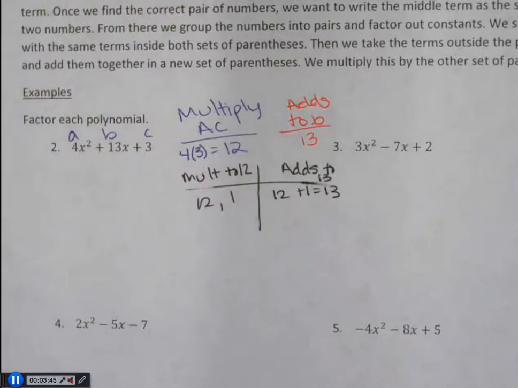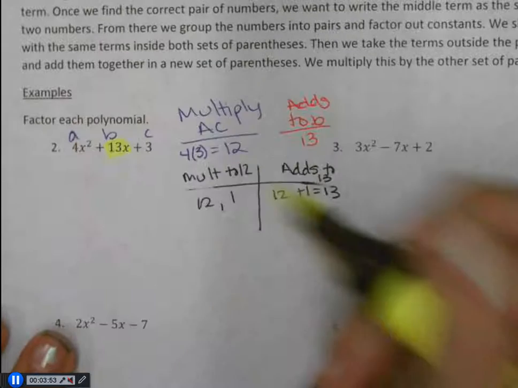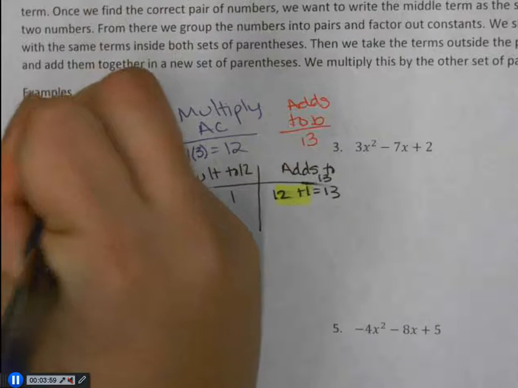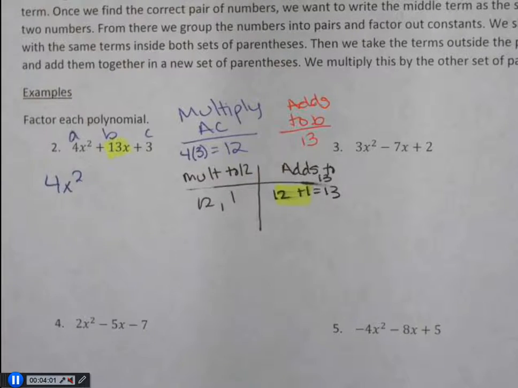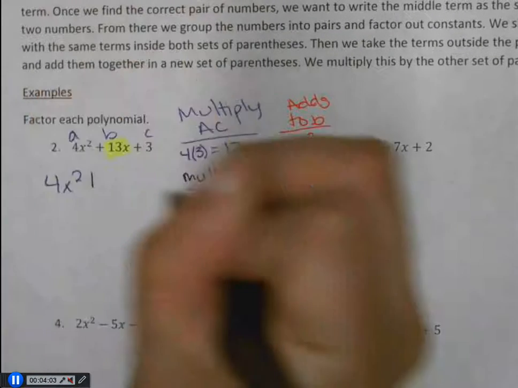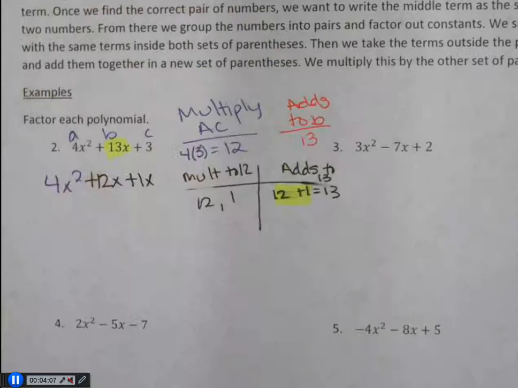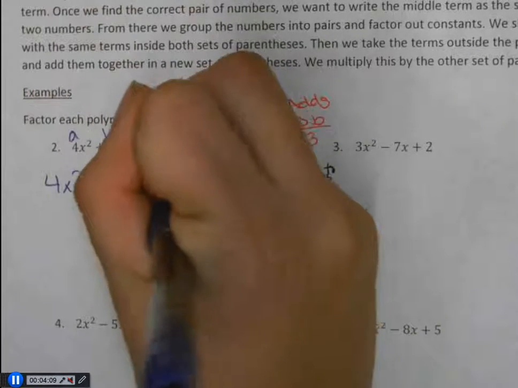So what I'm going to do here is called factor by grouping. I'm going to replace this 13 right here with 12 plus 1. So I'm going to rewrite this. I'm going to have 4x squared, but in the middle, instead of 13, I'm going to have 12x plus 1x, and then it ends the same with my plus 3 at the end.